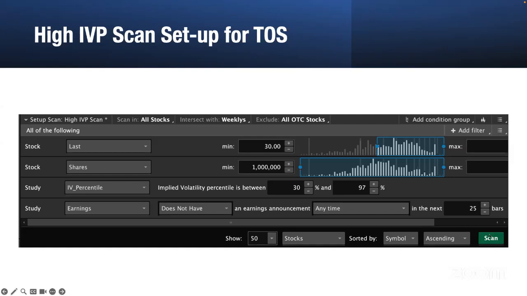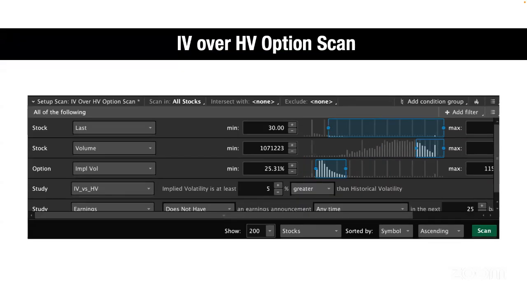And so go out and look at that scan and it will pop up a list of stocks. I have another one where it's a similar approach, but I'm looking for basically implied volatility over HV. So it's my IV over HV scan option. Is the implied volatility at least 5% greater than historical volatility?